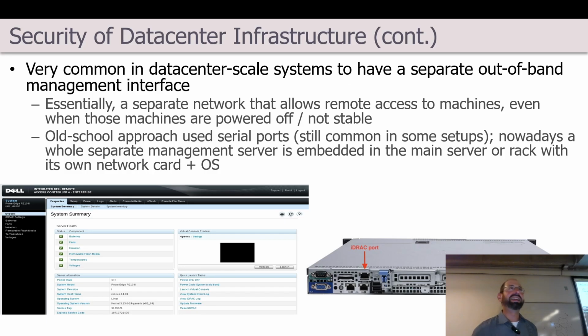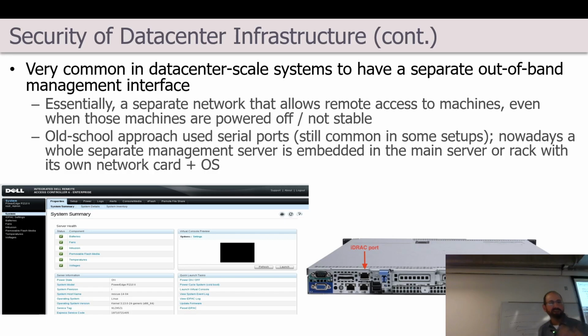The old school approach back in the days, you'd have a separate physical serial port on those boxes that you would then directly connect to when the machine itself wasn't responsive. These days, there's a whole separate server embedded in any high-end server here. This is the iDRAC port. This is Dell's technology, but every server manufacturer does basically the same exact thing, where you have the main server with maybe multiple different drive bays there, and then you have what just looks to be an extra Ethernet port.